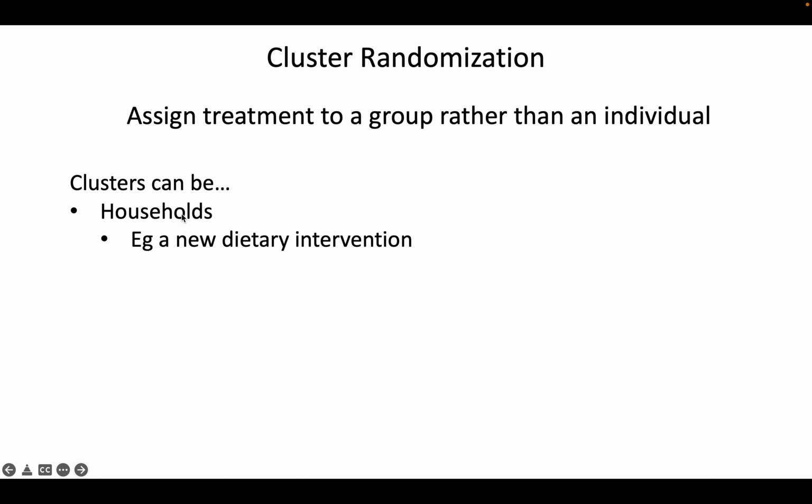For a family, you might have an intervention, like some new dietary intervention, like a supplement, or basically just manipulating their diet in some way. If it's a family that eats together all the time, then that is a useful cluster to randomize. If we're randomizing a classroom, it might be some addition to the curriculum that isn't provided to other classrooms, where we see if they do better on some standardized test.